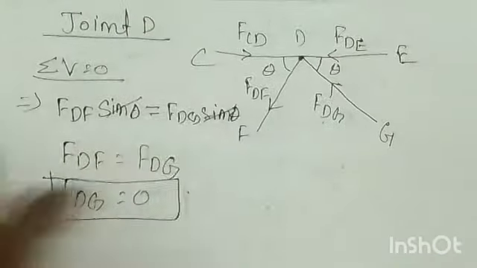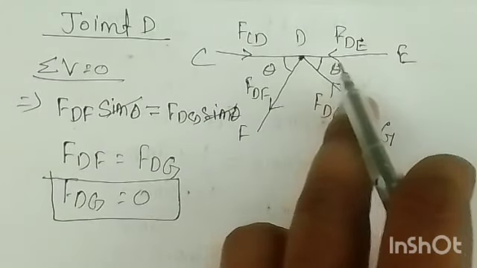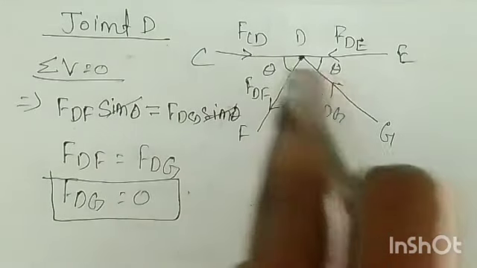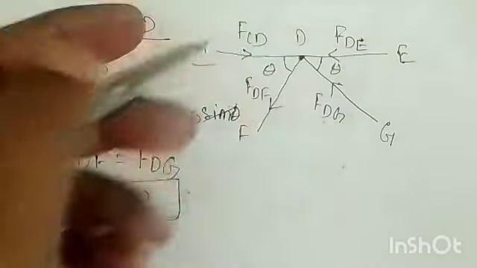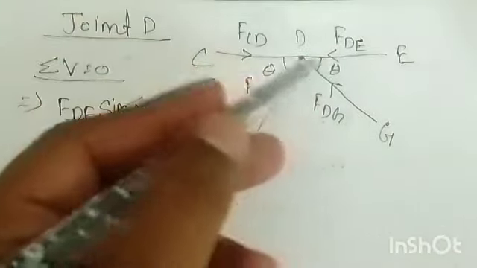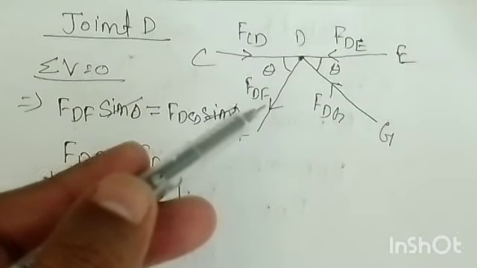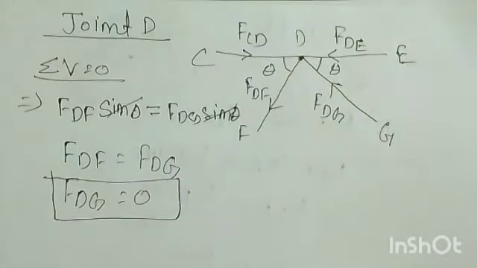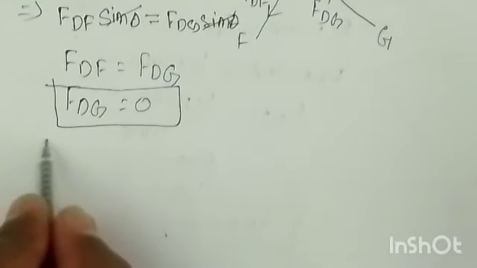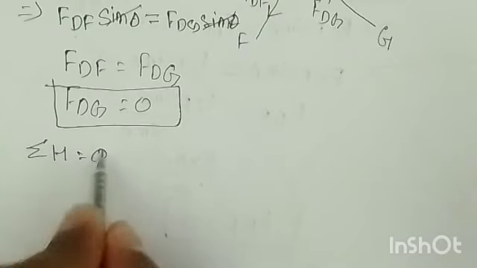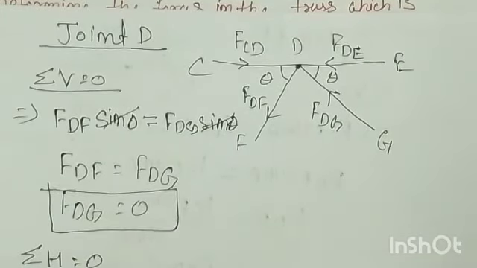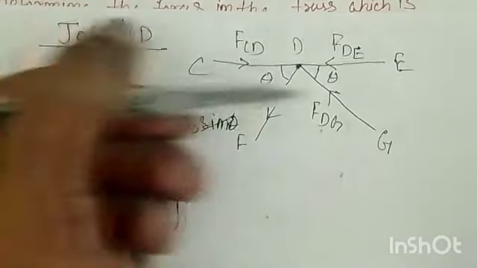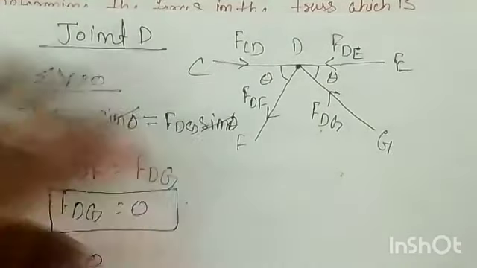So the horizontal components of these two forces will be towards left, and this force is also left and this is right. It means FCD is equal to FDE plus FDF horizontal component and FDG horizontal component, right. Now summation H is equal to 0.